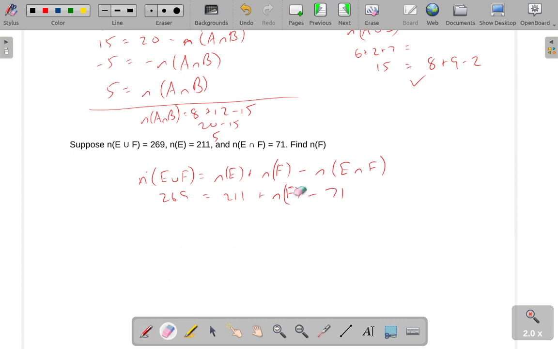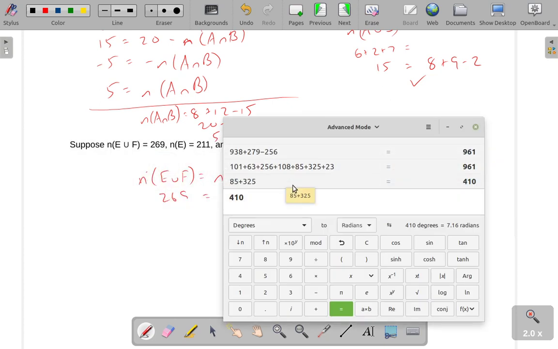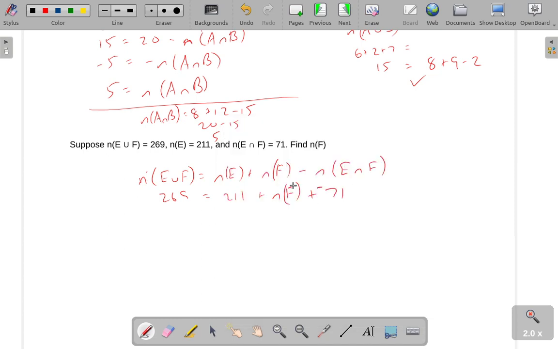Using some algebra here, I know that subtracting 71 is the same thing as adding a negative 71, which allows me to move it over here, and I can do 211 minus 71, which gives me 140.